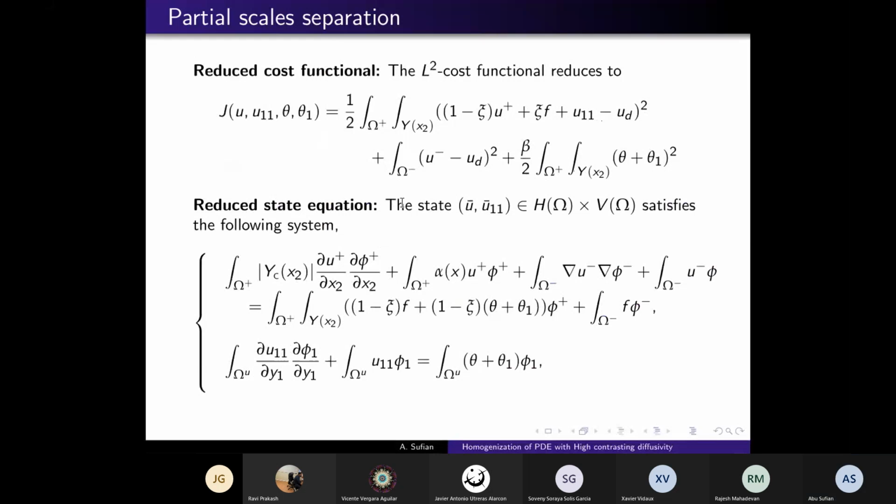So the state equation is: find u bar and u11 bar belonging to H omega cross V omega, which satisfy the following equality.